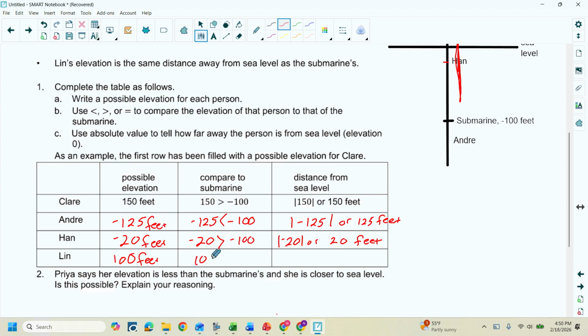And well, 100 is greater than negative 100. And so they are at the absolute value of 100, or 100 feet.